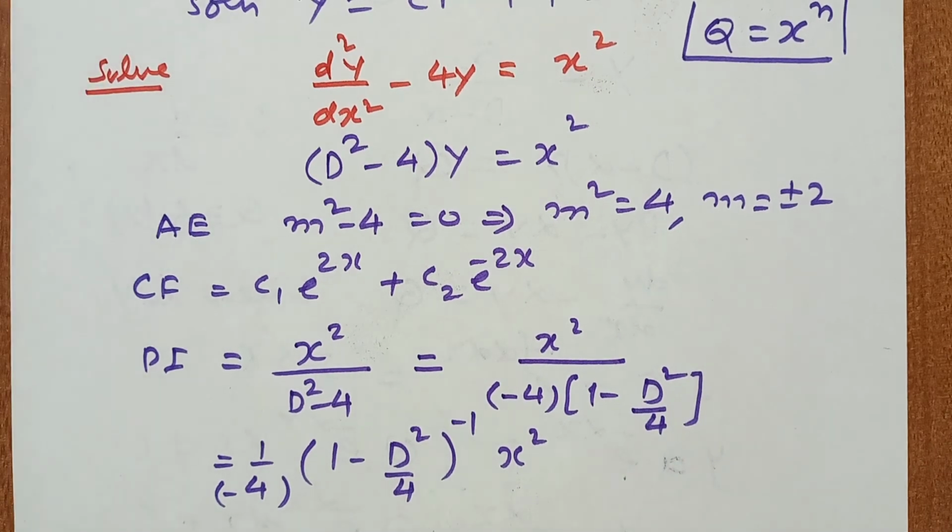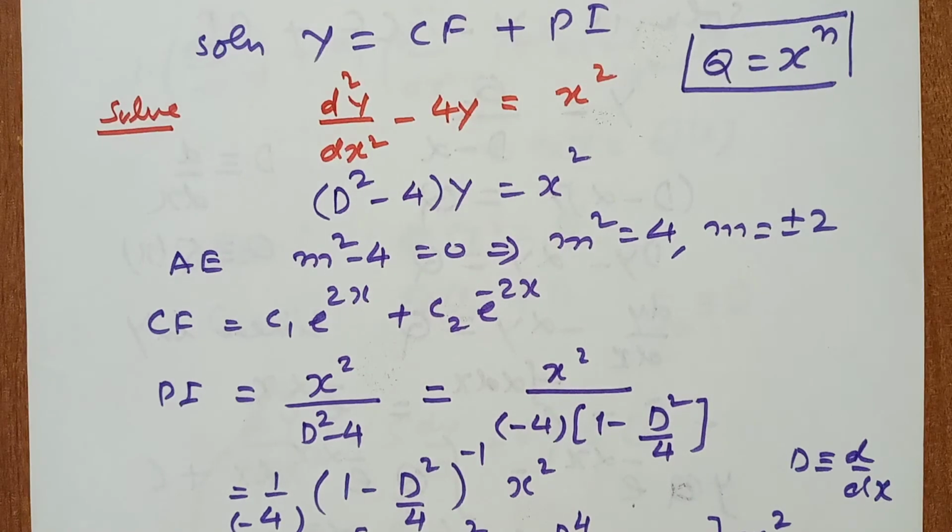Now we will use the formula. What is the formula? So here we shall use the formula for 1 minus d to the power minus 1, which is 1 plus d square plus d cube plus d4 up to an infinite number of terms, okay.